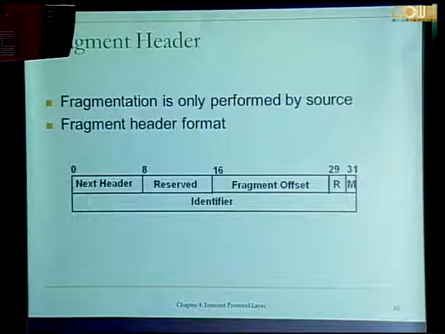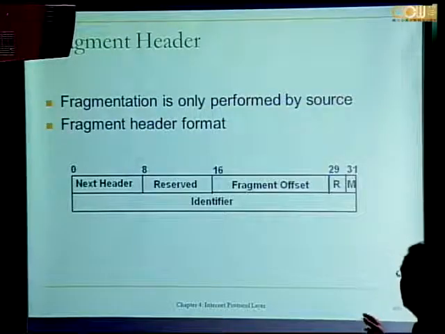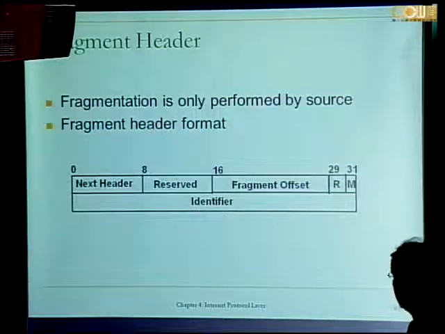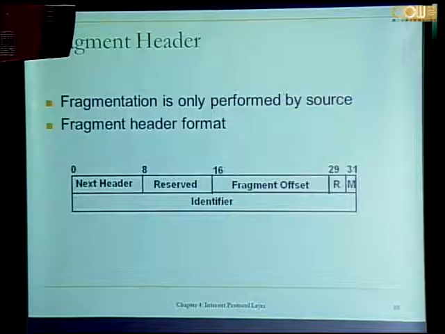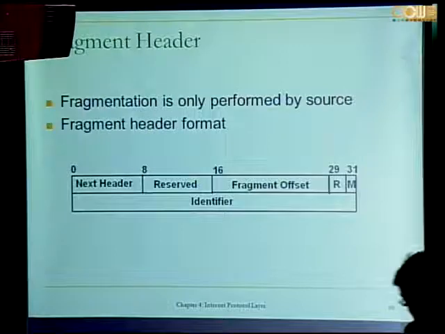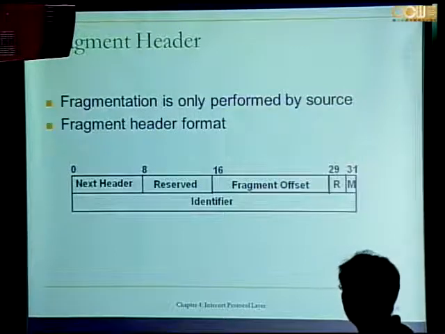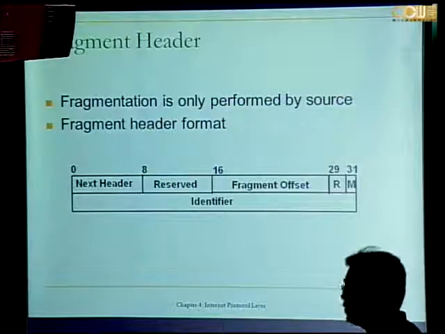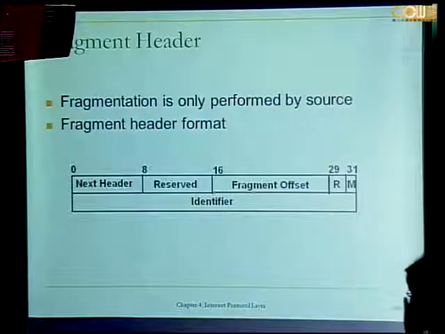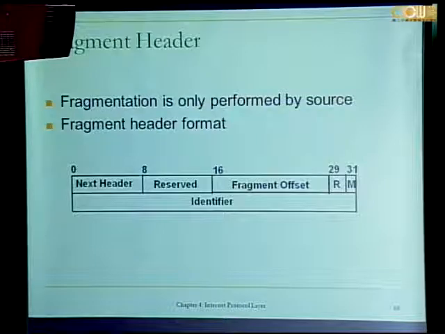Okay, this is the fragmentation header, which we have seen fragmentation in IPv4, and here it's in IPv6. It's basically the same idea. If you need fragmentation, then you need an identifier to identify the packet. But if you don't use fragmentation, you don't need the identifier to identify the packet. So in the IPv6 header, there's no identifier.